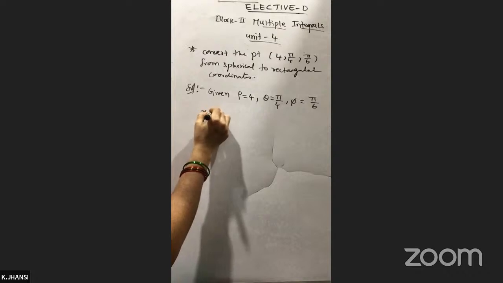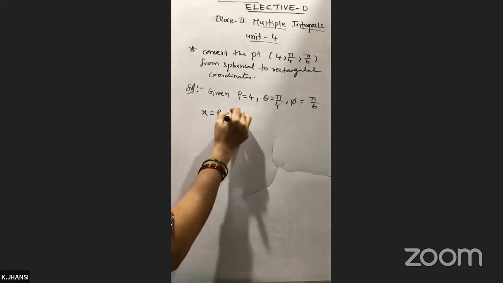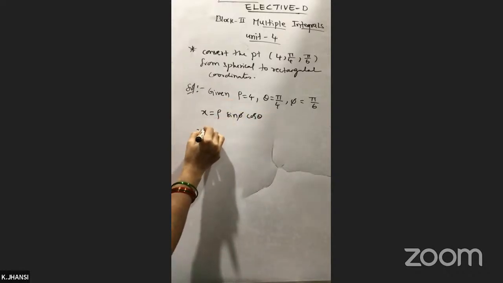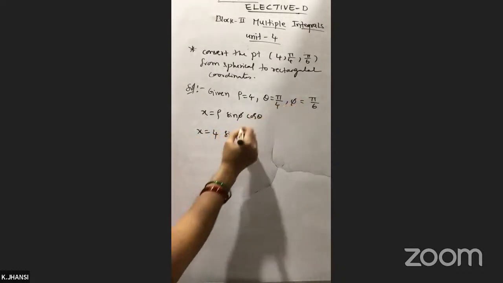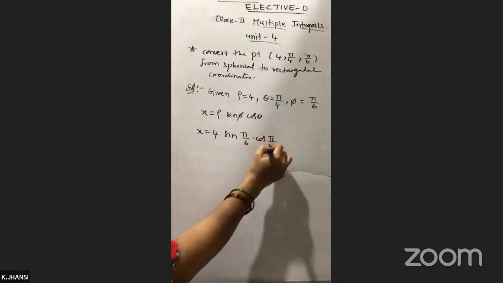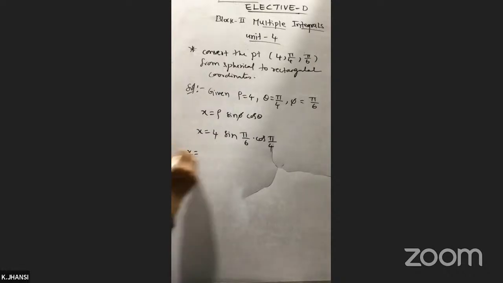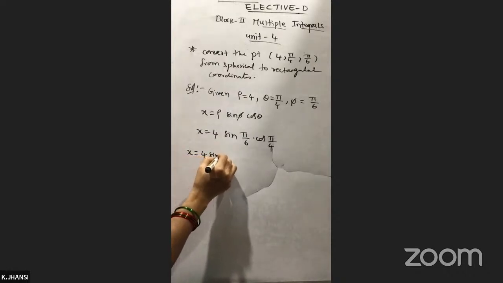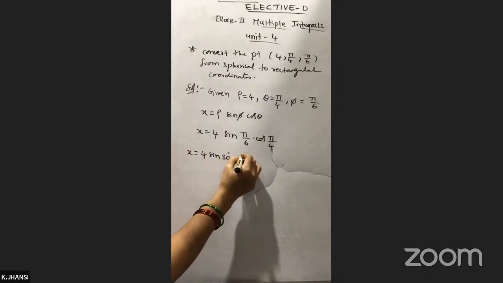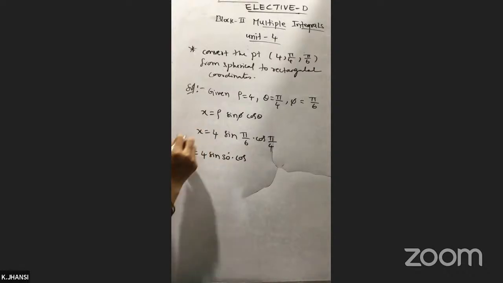Okay. So we know that x is equal to rho sin phi cos theta. The rho value is 4, phi is pi by 6, and theta is pi by 4. So x equals 4 into sin pi by 6, which is 30 degrees, and cos pi by 4, which is 45 degrees.